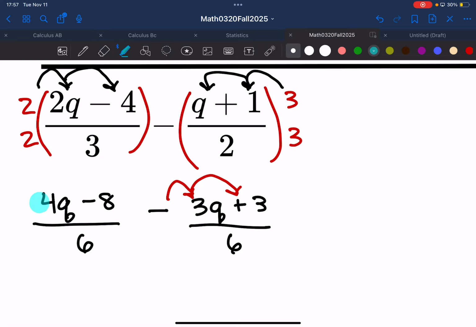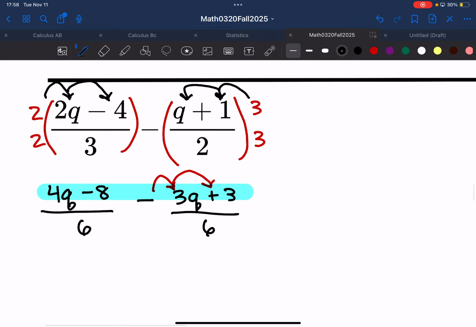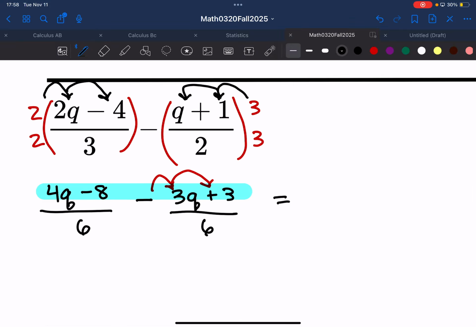Looking at the numerator, now that we have common denominators, I'm going to write it out step by step. So we have 4q minus 8. I just wrote the first numerator. Minus 3q minus 3. So I gave that negative sign to both the 3q and the 3.